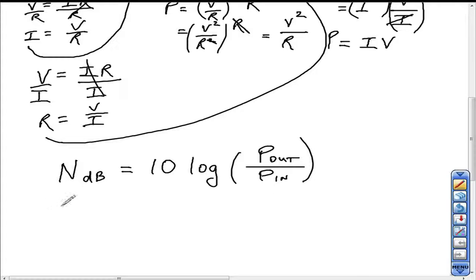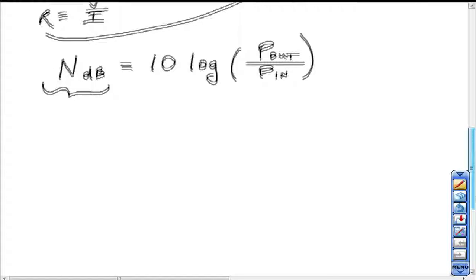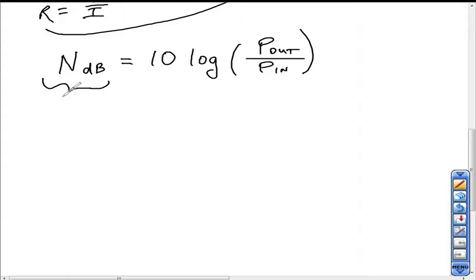There are some things to point out about this formula since it is very new to us. Your NdB completely depends. If your value is positive, this would be considered a gain, or if your NdB is negative, shouldn't surprise you, it's considered to be a loss in decibels.